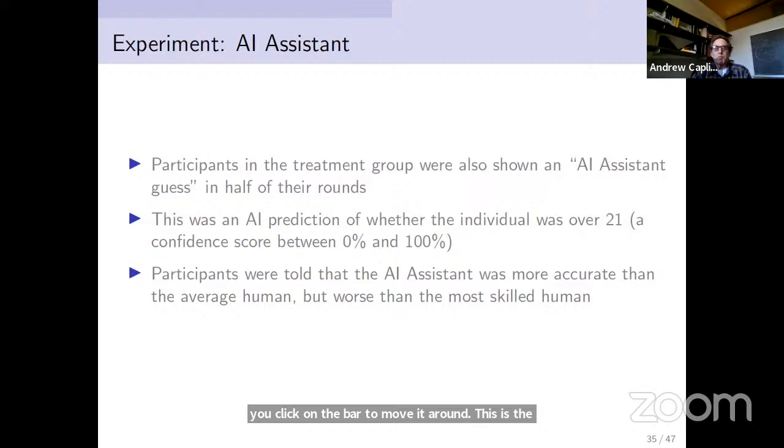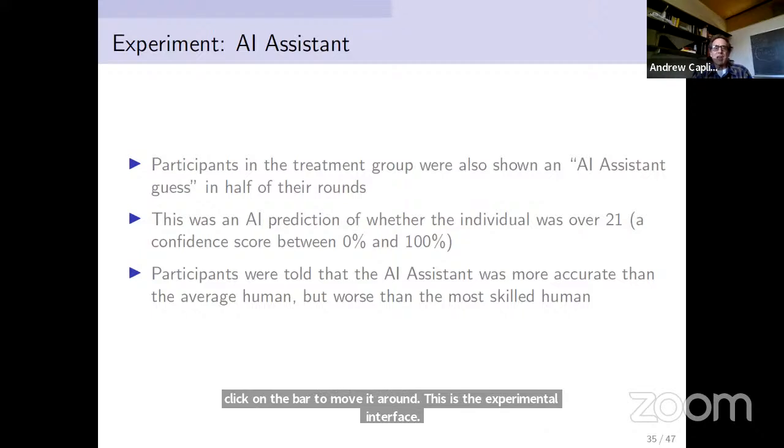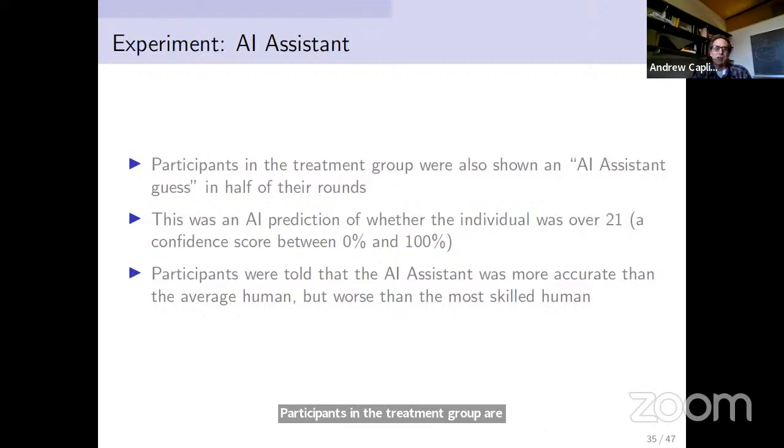This is the experimental interface. Participants in the treatment group are also shown an AI assistant guess in half of their rounds. And the AI assistant is a little bit better than a typical individual, and it's a well-known algorithm. Again, it's very upsetting how hard it is to find cases, given that Google has 600 million that it could offer, but it's offering them inside.